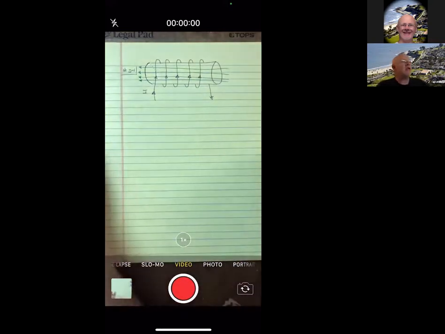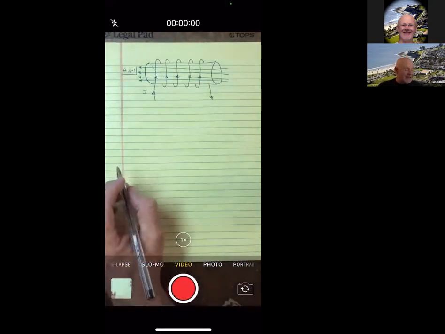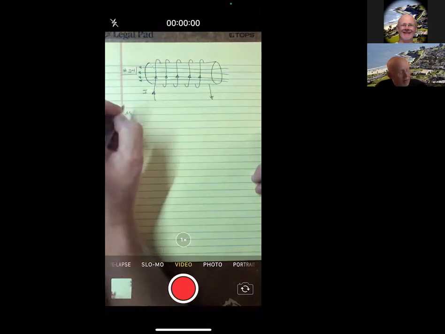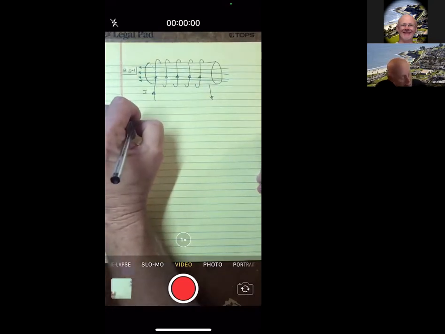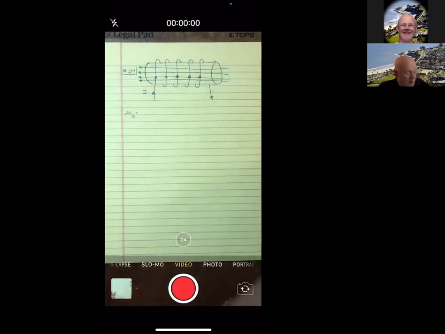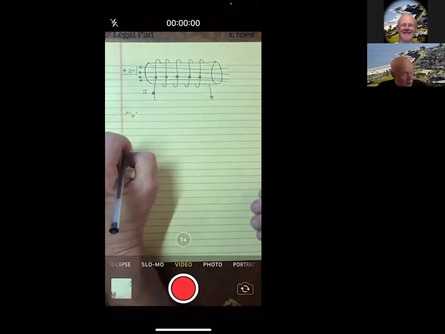And so this question is getting to the energy density. The energy density, we like to use the little symbol mu, and we like to use the B for the energy density in a magnetic field. Because we didn't do much with it, but maybe this would be a good time to point out the analogy to the electric field.